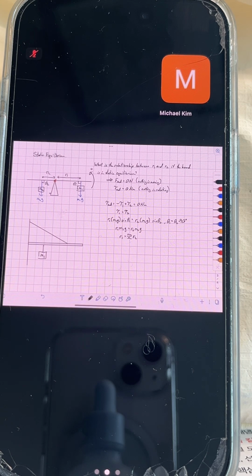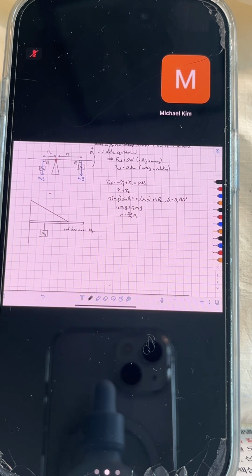So let's say this is M1, and let's say the rod has mass, say, M2, or call it MR. And then we could ask things like, if I look at this as my axis of rotation, what is the tension in the support cable?